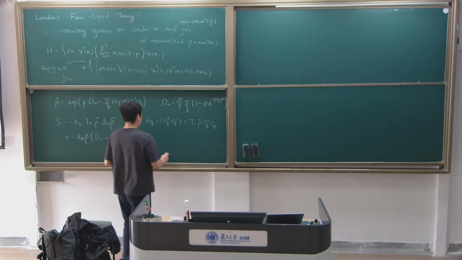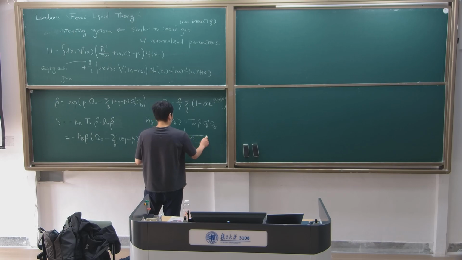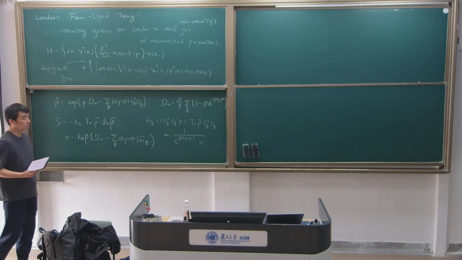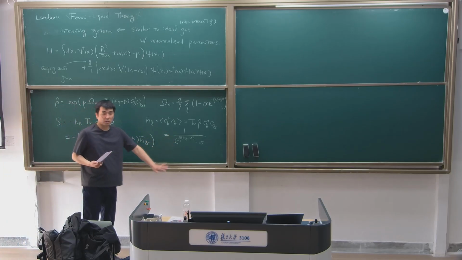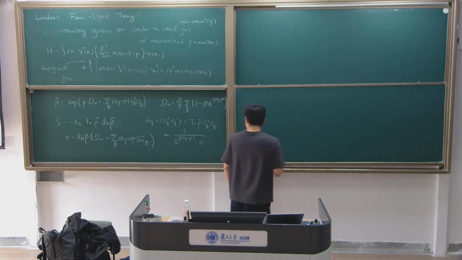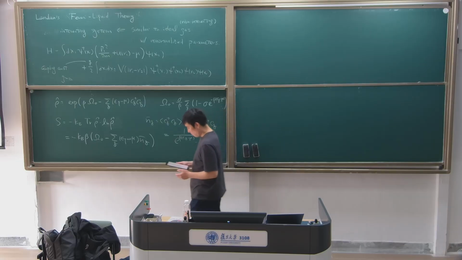Okay, and then this q can be understood as the one-particle state. So this is just the usual Fermi-Dirac distribution or whatever distribution, depending on the statistics involved.